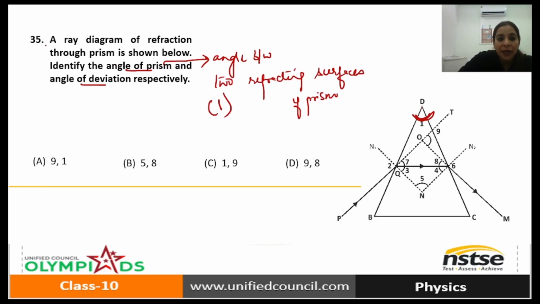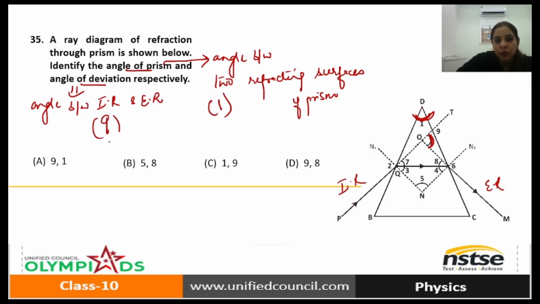Now talking about the angle of deviation, it is the angle between the incident ray and the emergent ray. This is your incident ray and this is your emergent ray. If you extend it here, you can see that this angle shows the angle of deviation. That is angle 9, the angle between the incident and the emergent ray.